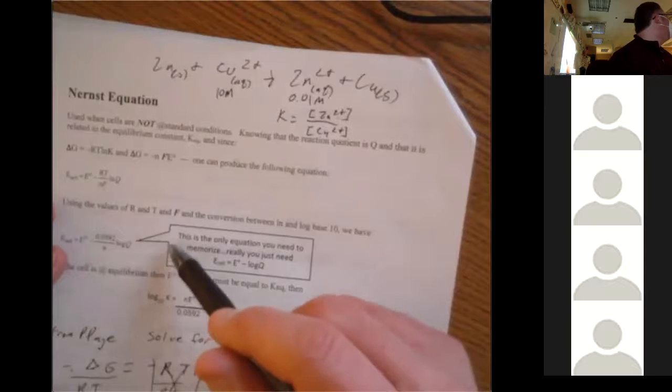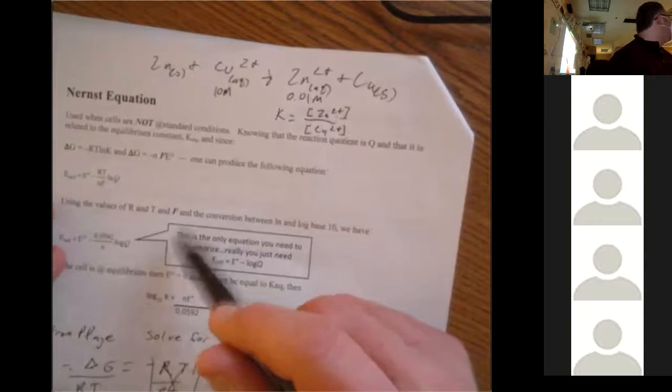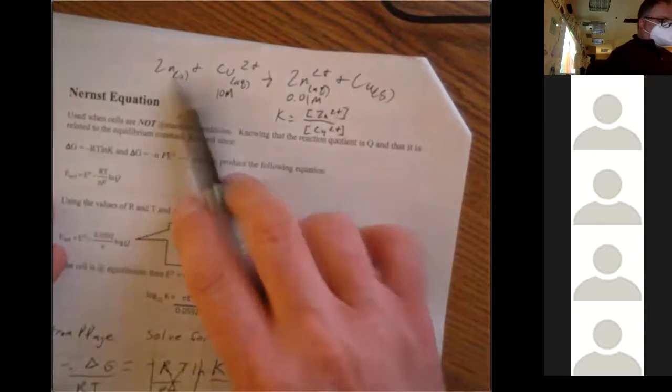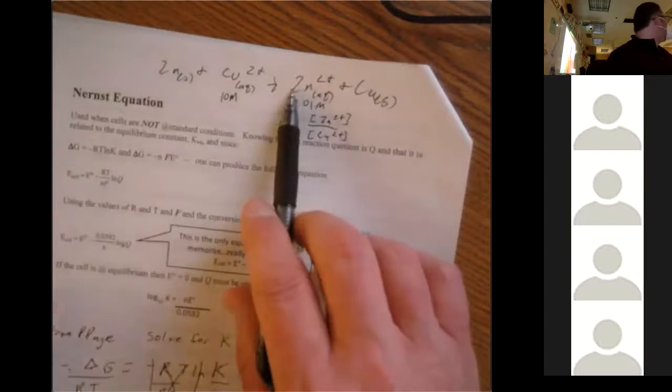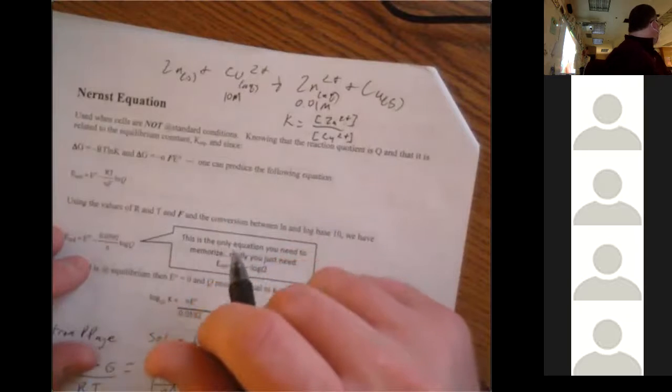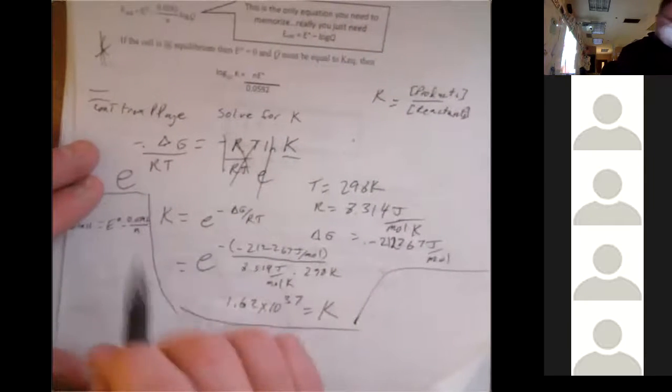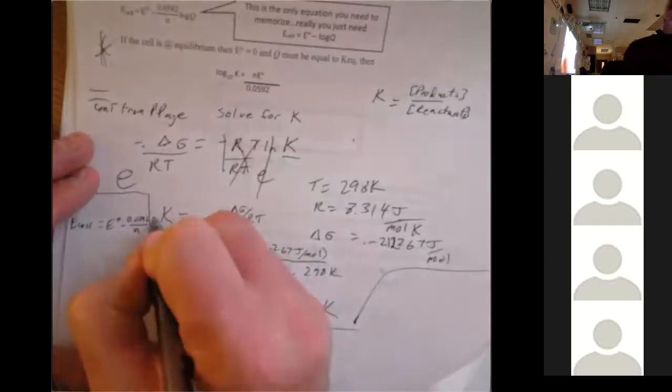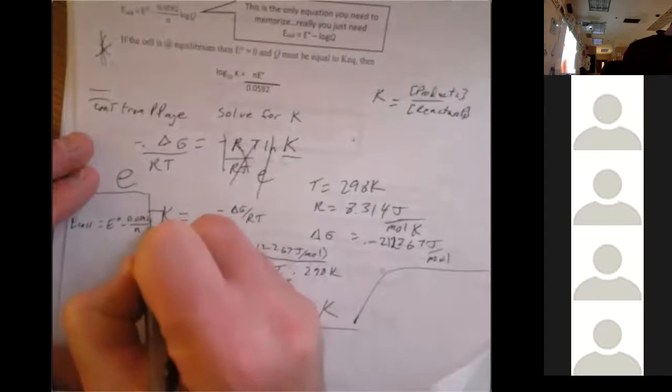Is it 10? Good. Zinc is going to zinc what? And copper 2 plus is going to copper, so how many electrons are being moved? 2, right? And can I get this in here? I'm gonna have to make a little extension there. Log of Q.